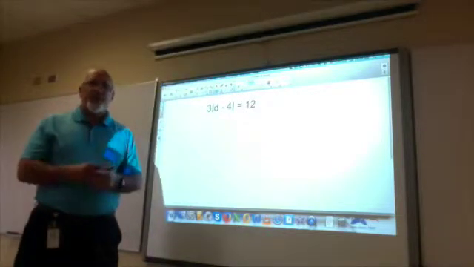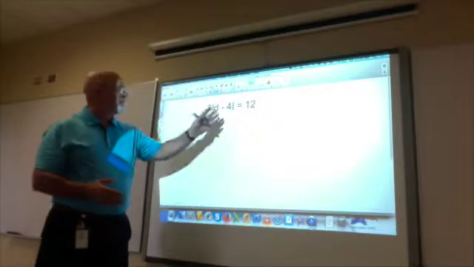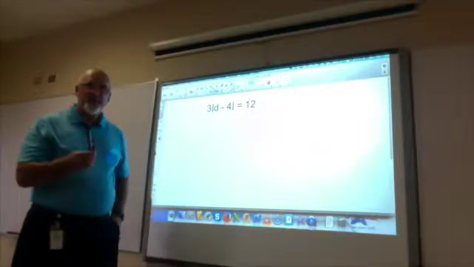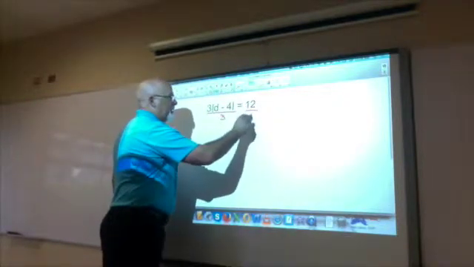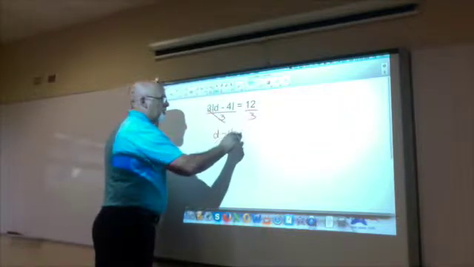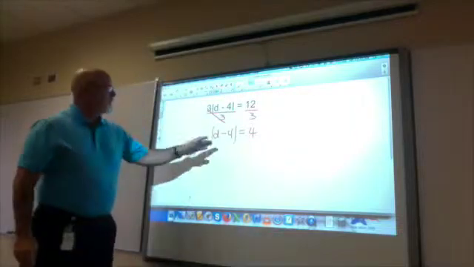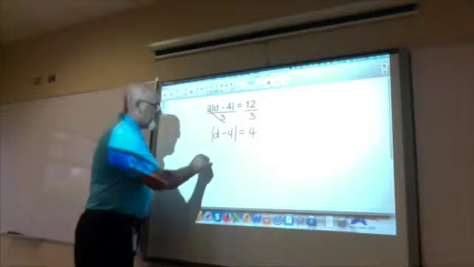This time we've got a number on the outside of our absolute value grouping symbol here. So the first thing we have to do is isolate the absolute value itself. So we divide by 3, divide by 3. That gives us the absolute value of d minus 4 is equal to 4. So now we have isolated our absolute value. So we rewrite the equation.